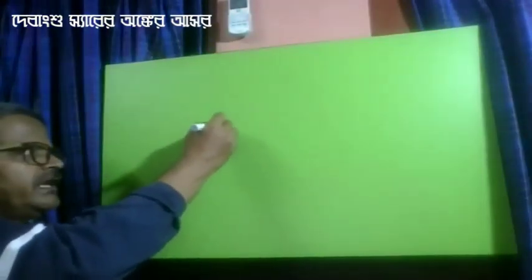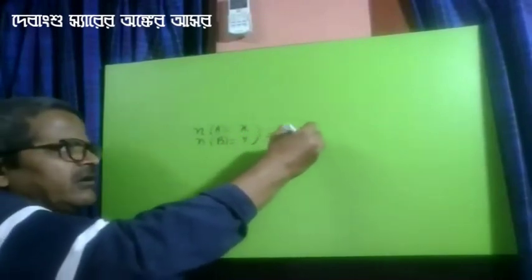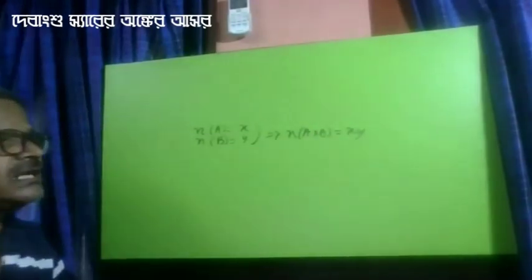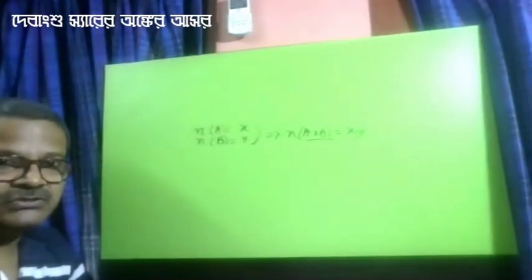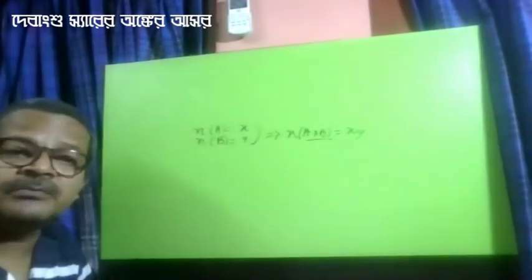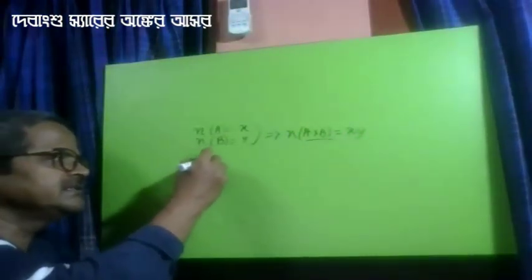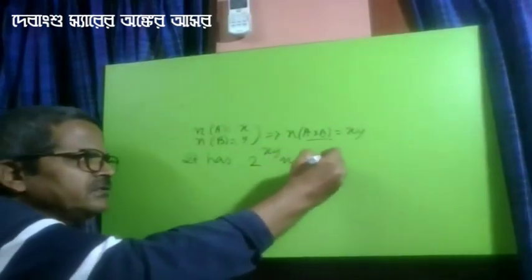n(A) is equal to x. n(B) is equal to y. Implies n(A×B) is xy. So the set A×B has xy elements. So how many subsets does it have? It has 2 to the power xy number of subsets.